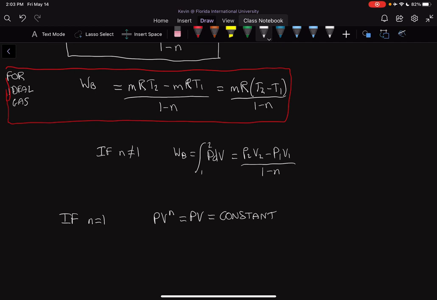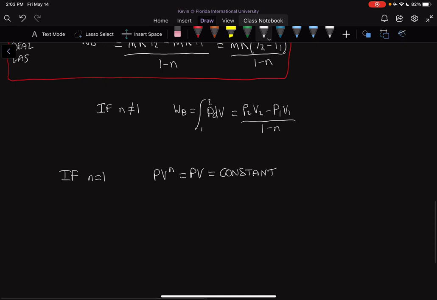And so now we can solve our equation again, but now we have to solve it in terms of our new simplified equation without the n being in it. So we have P1V1 is equal to P2V2, which is equal to a constant.